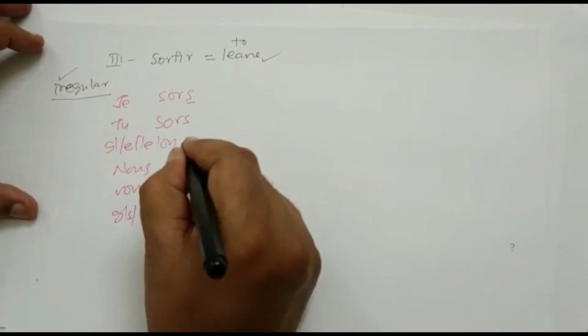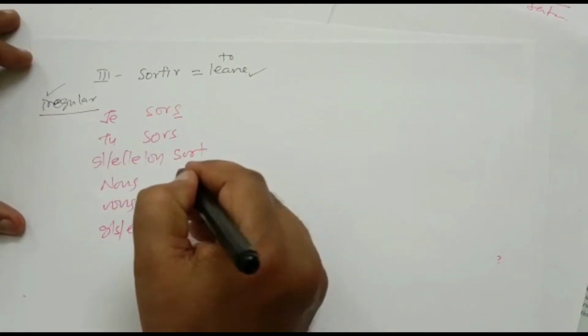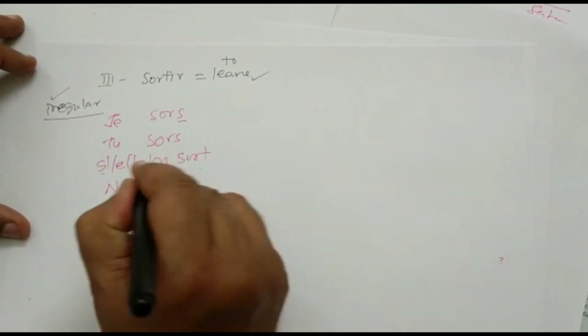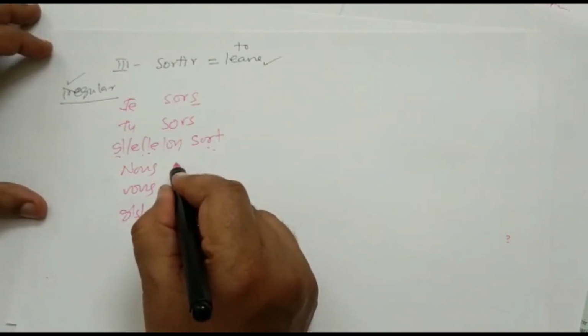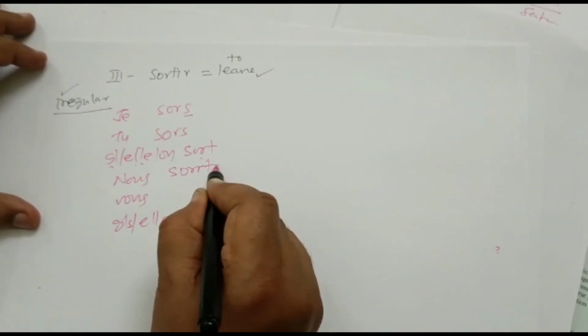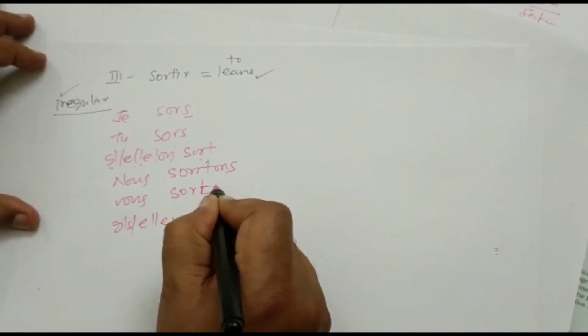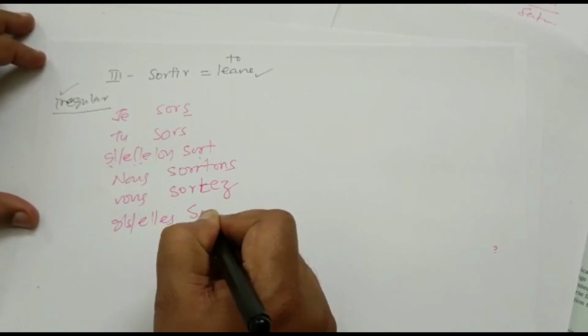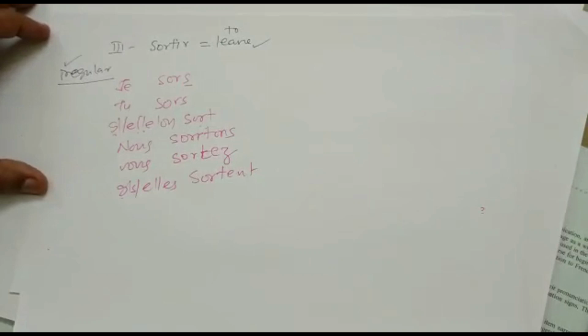Tu sors, il sort, here this infinitive sound will be there in il, elle, il sort, elle sort, on sort. Nous sortons, vous sortez, ils sortent, elles sortent. So these are the verbs.